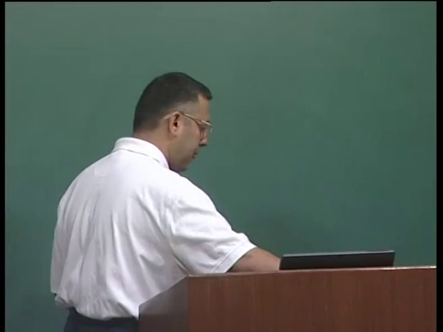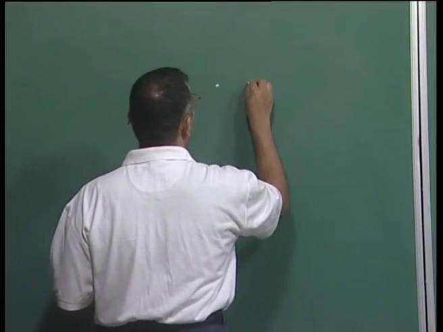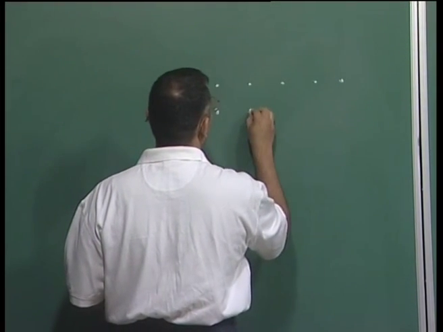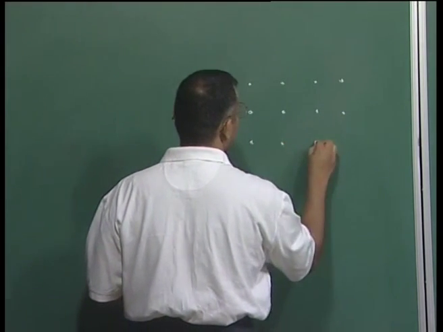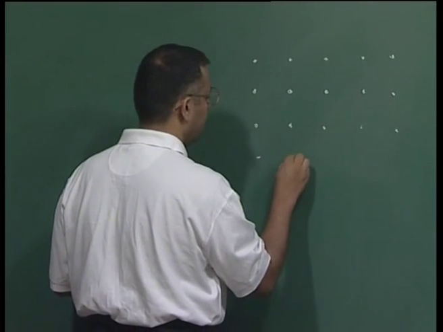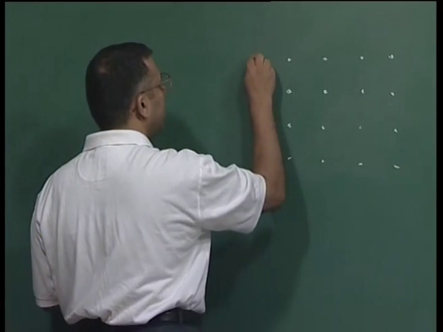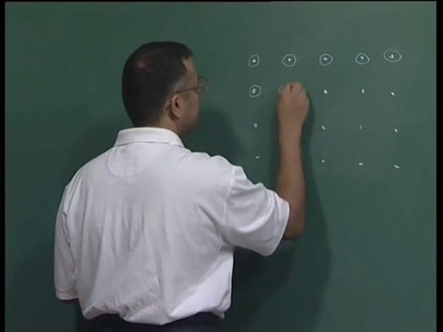Now let me consider an ideal two-dimensional crystal. Now assume that there are atomic entities sitting in these lattice positions.